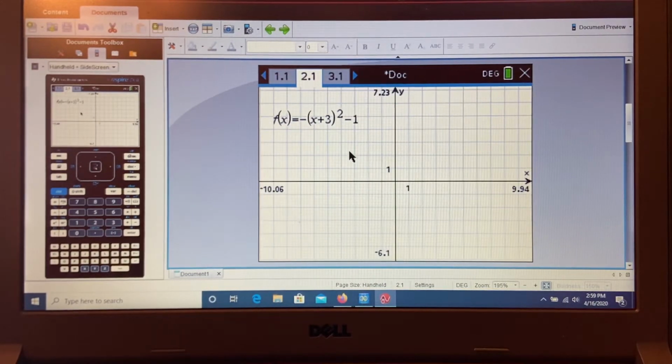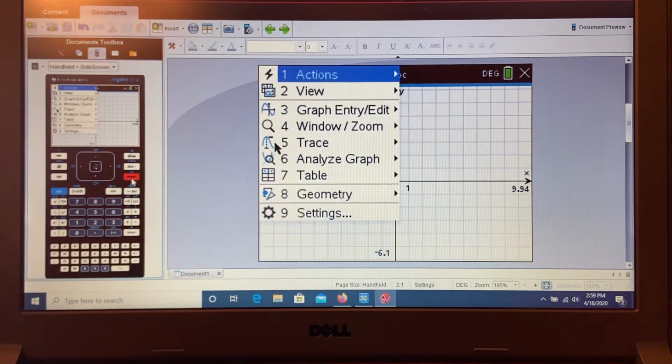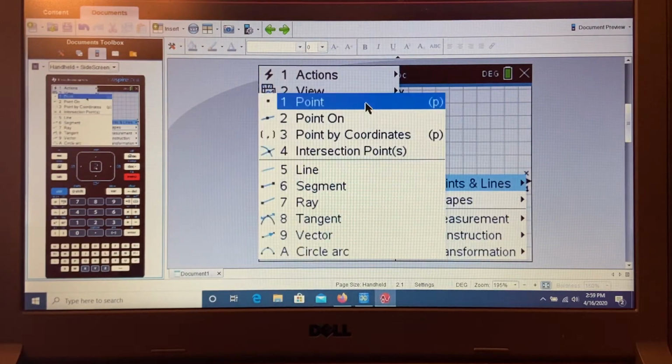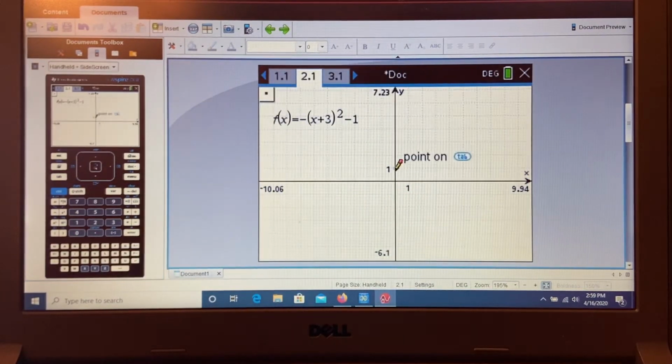So now if we look at this one, we have a negative in front of our x squared, so that means that our equation is going to open down. So our vertex in this case is -3, -1. So we want to start off by graphing that. So -3 and -1.